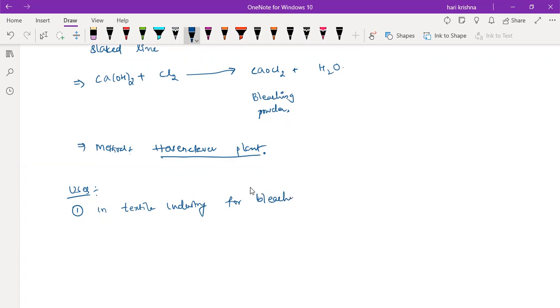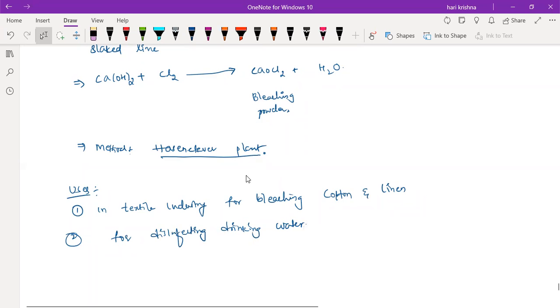Used for disinfection of water, as a disinfectant in the water, for disinfecting the drinking water. Any other? In laundry, bleaching for washing clothes.